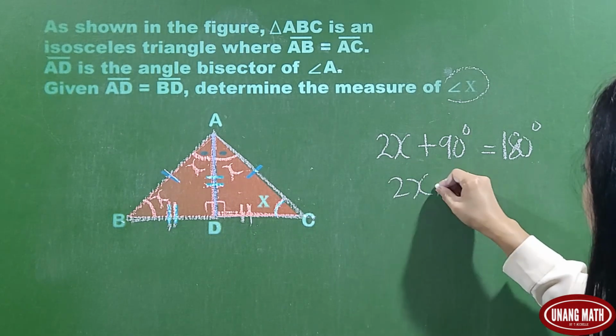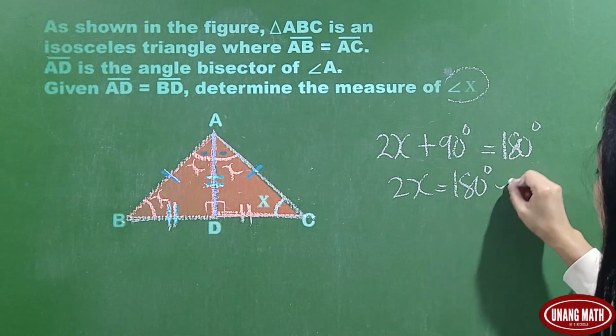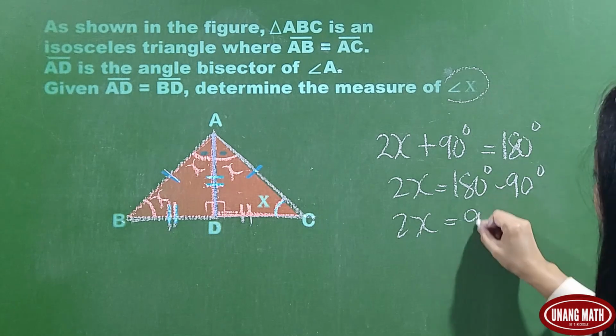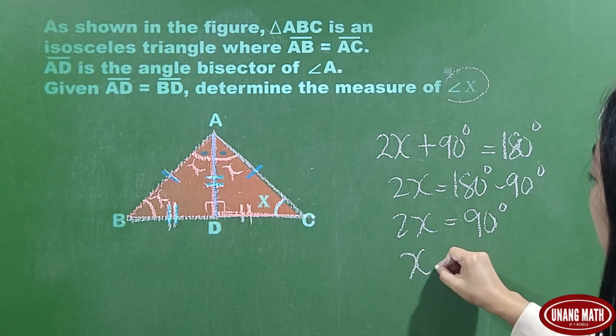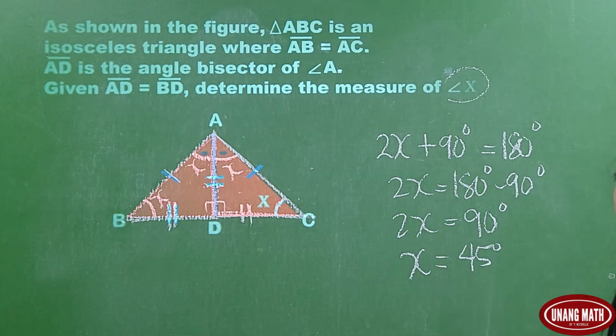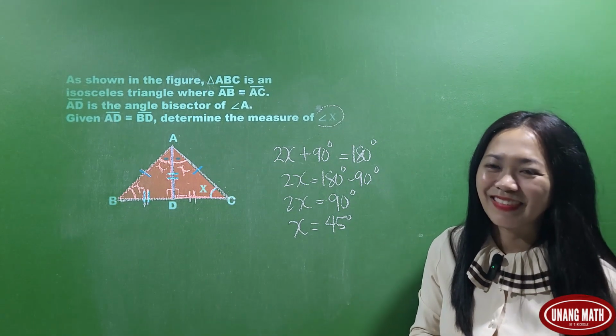So 2X is 180 degrees minus 90 degrees, so 2X is equal to 90 degrees. It means the measure of angle X is 45 degrees.